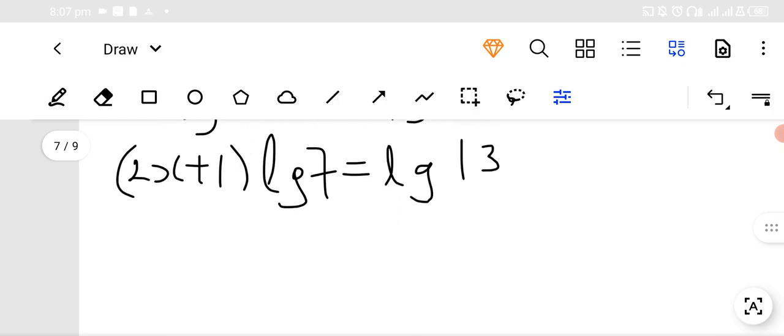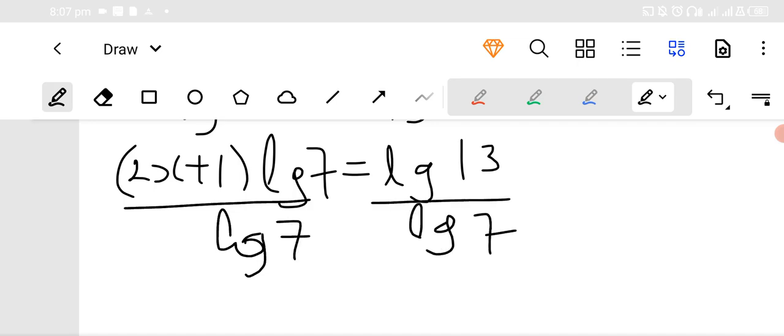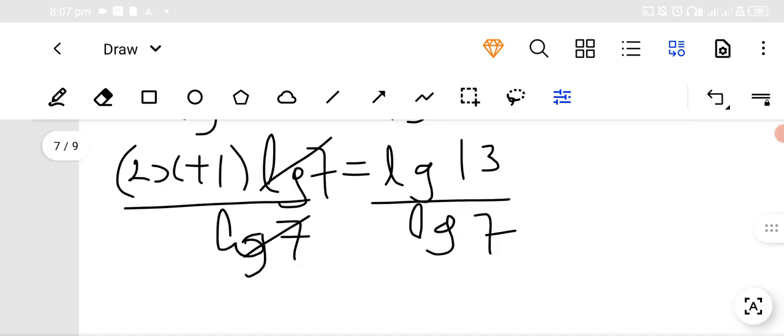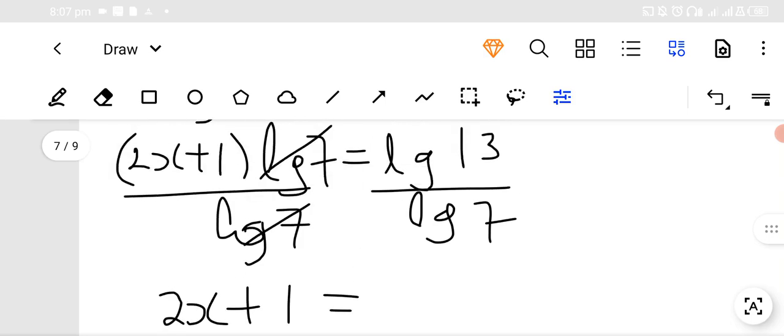And then to continue, we divide both sides by log 7, because when we're writing common logs, we can omit that base. So you can just say LG7 divided by LG7, where these cancel out. This is just a very quick method. Then 2x plus 1 is equal to, on your calculator you type log 13 divided by log 7.